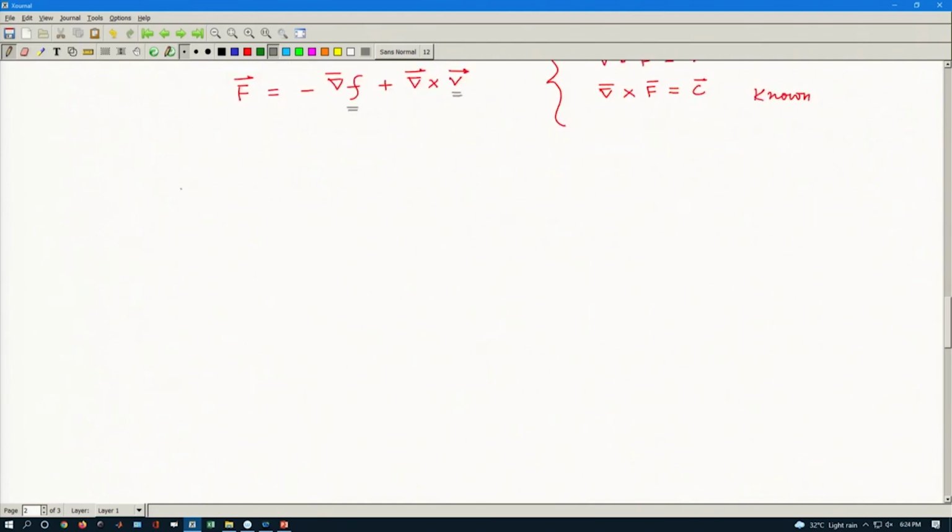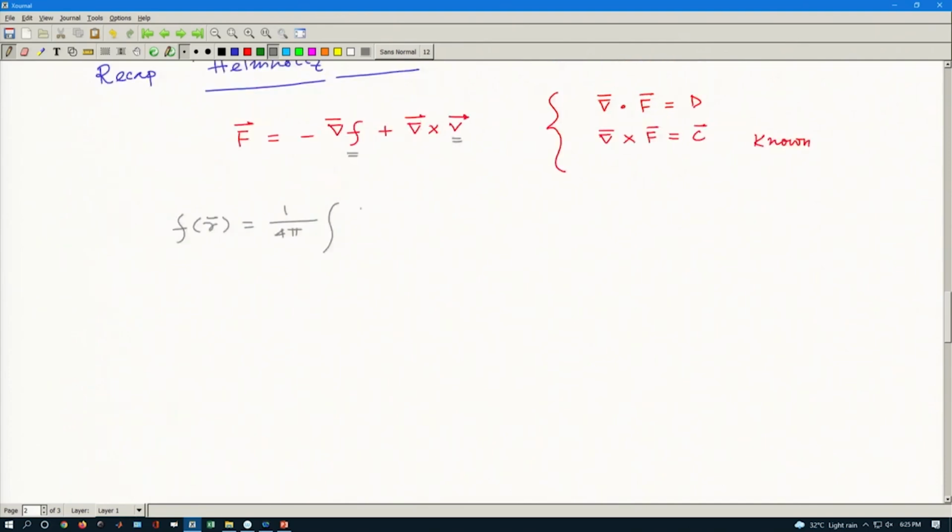And there was a recipe, and the recipe was f, which is a function of r, should be written in this way: 1 by 4 pi integration of whatever the divergence we have here. So, let us put this divergence, the value of the divergence which is essentially a scalar field, divided by mod of r minus r prime, integration over the entire volume dv prime.